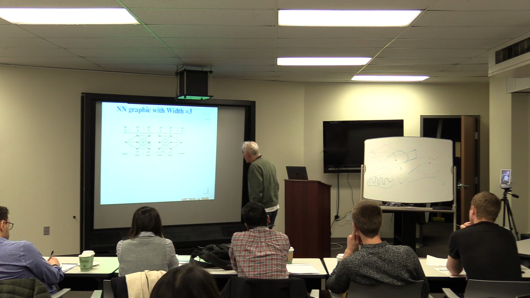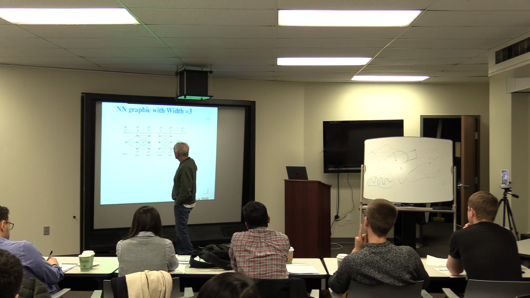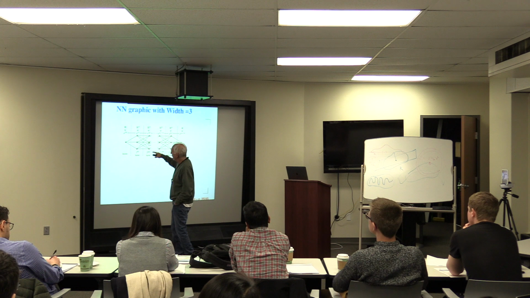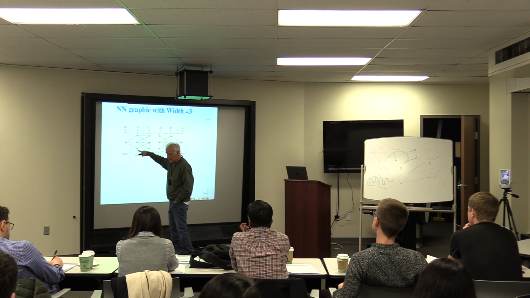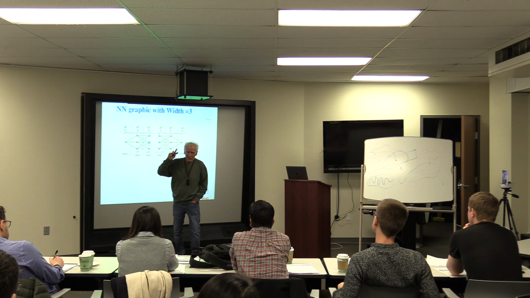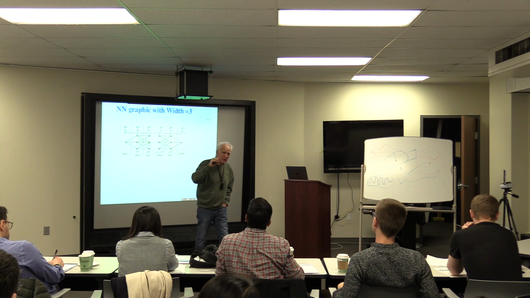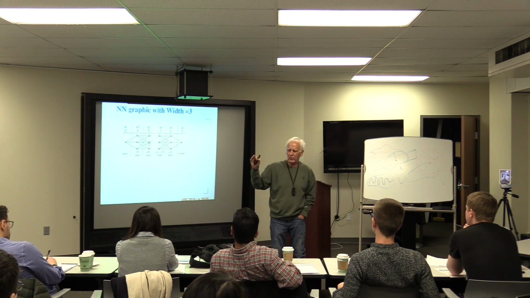The way it does it is this first layer. I'm giving you an example here of a neural network with width 3. There are only 3 nodes in each layer, and it has L layers. I'm interested in what letting L get large buys you. This is what people are really concerned with.